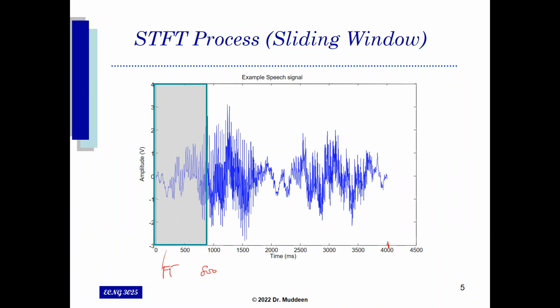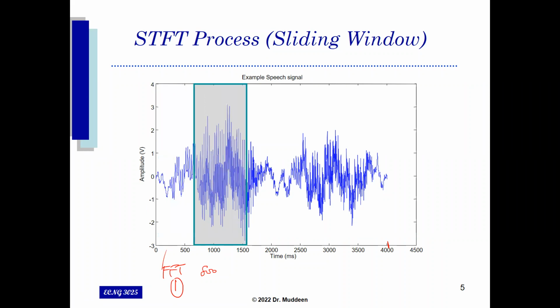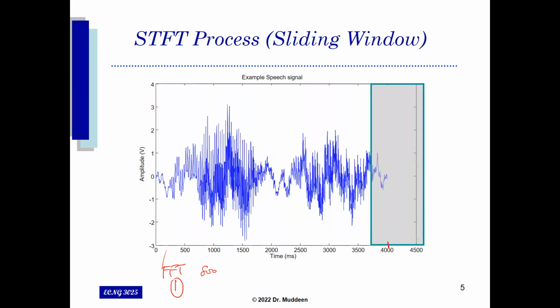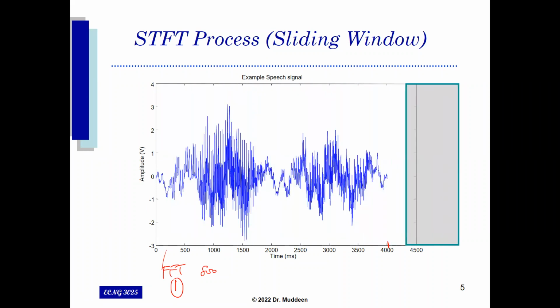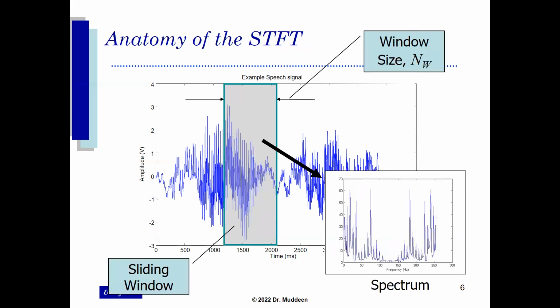That is FFT1. Then we slide the window and keep going in chunks of 800 milliseconds until we finish the whole thing. So we're going to have an FFT1, an FFT2, an FFT3, and so on. For each window, notice that the size of the window has its own number of samples now.